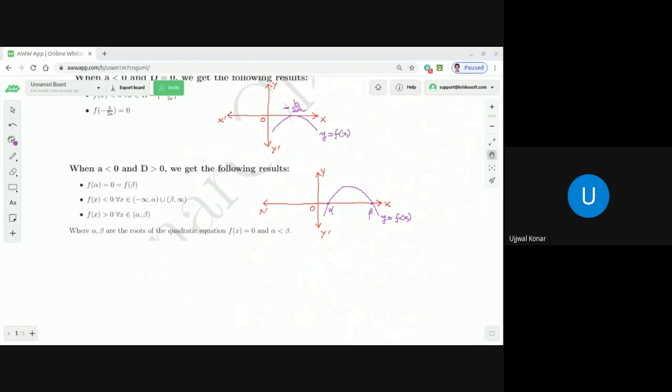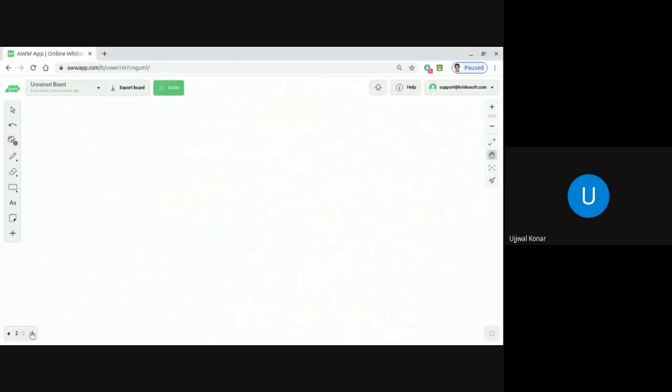Now, what we are going to do is the theory of polynomial equations of third and higher degrees and the relationship between their roots. So what is meant by that? Let me start on a new page.